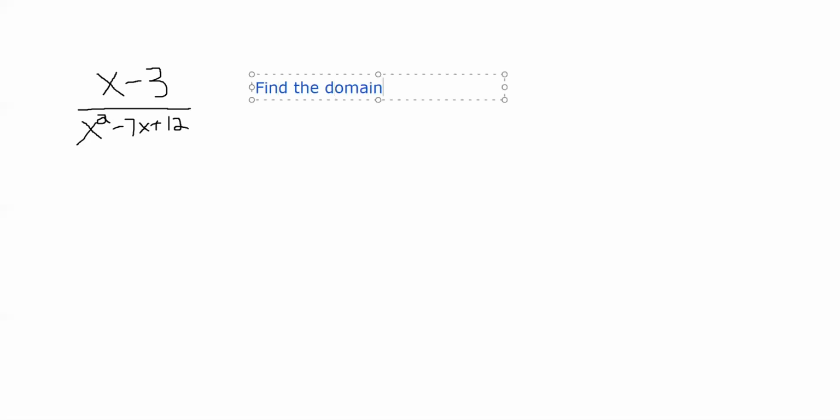Let's find the domain and any vertical asymptotes or holes.